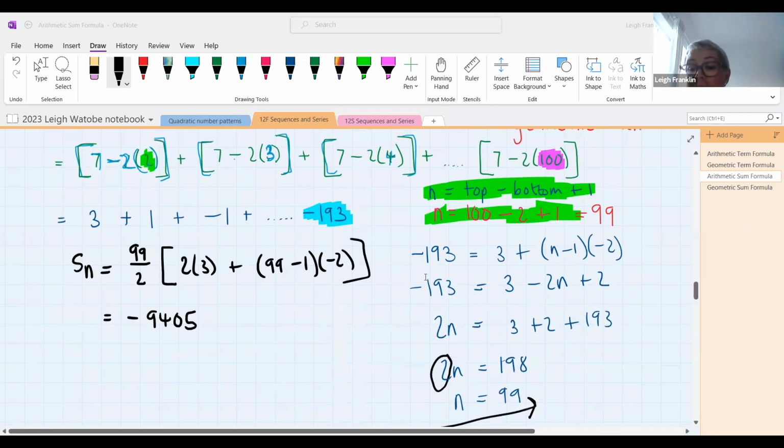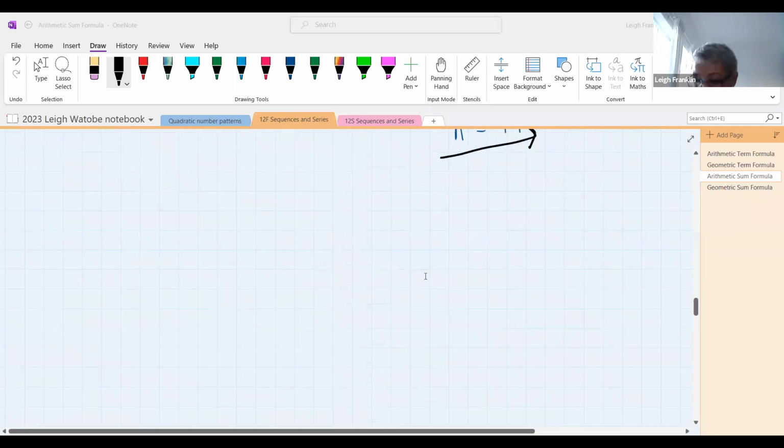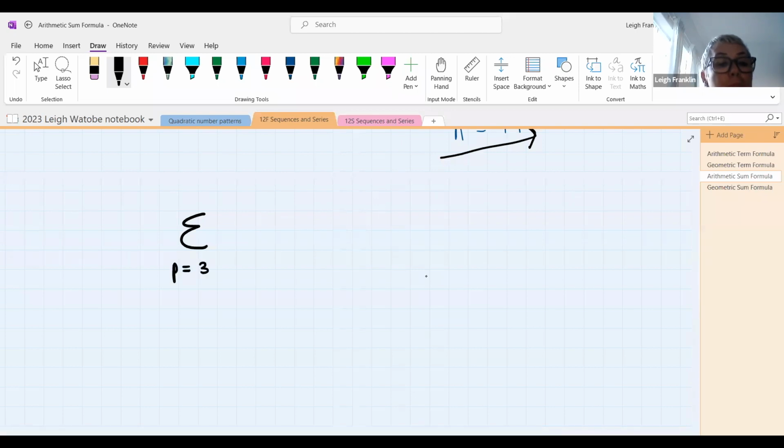Let me give you a question for homework. So that's my sigma symbol. You are going to calculate this.